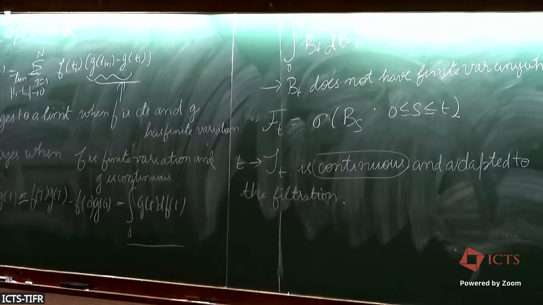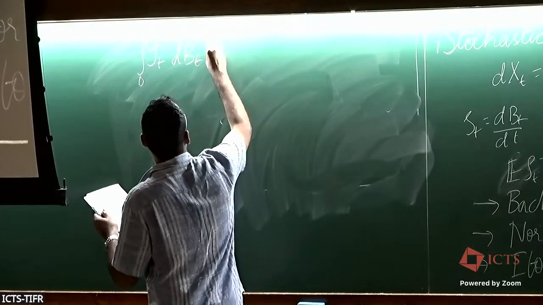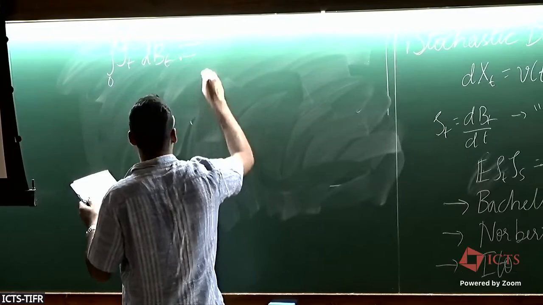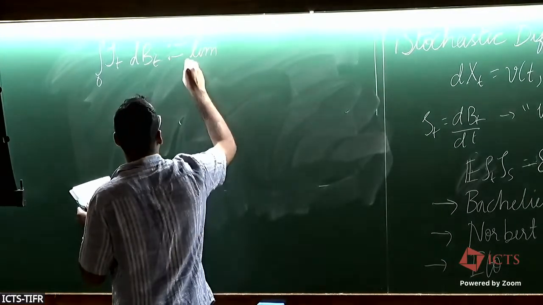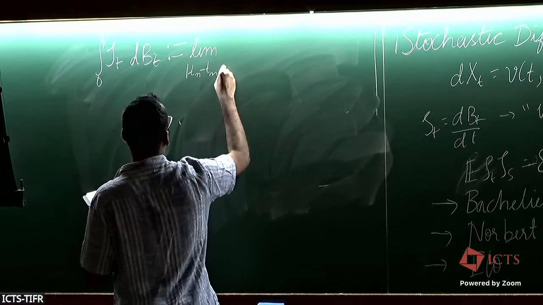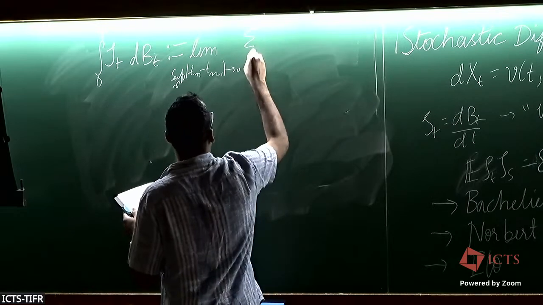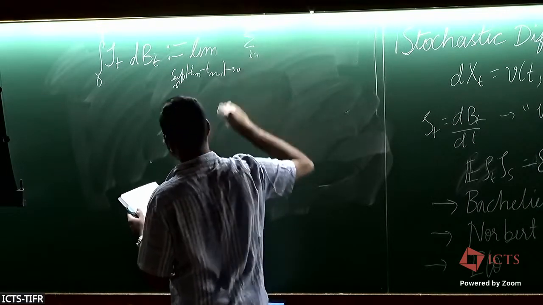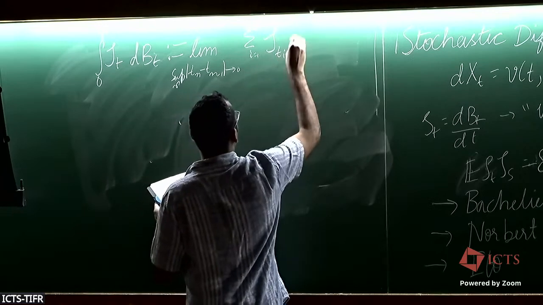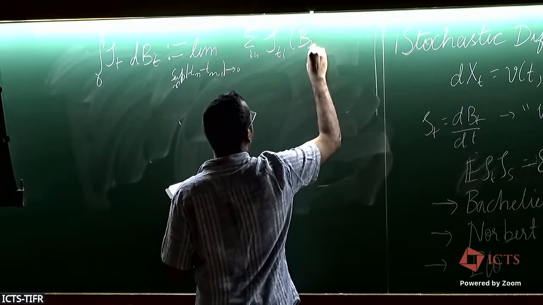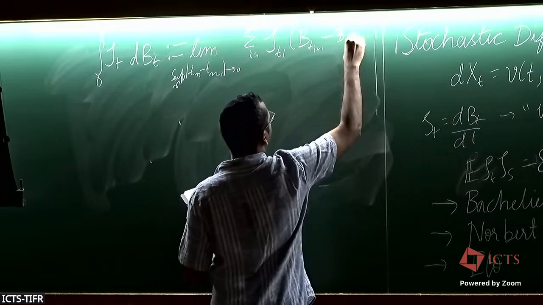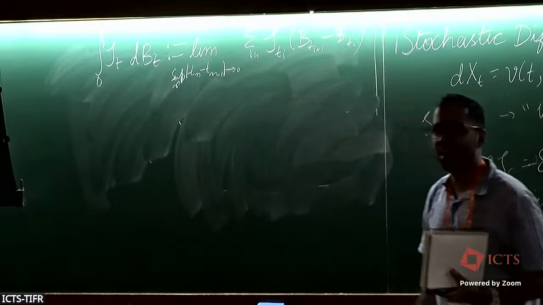So now we want to define the integral from 0 to t of zeta_t dB_t as some kind of a limit, as the mesh t_n minus t_(n-1) converges to 0, of the summation i equals 1 to some capital N of zeta_(t_i) times B_(t_(i+1)) minus B_(t_i), right? So same way as the Stieltjes integral.